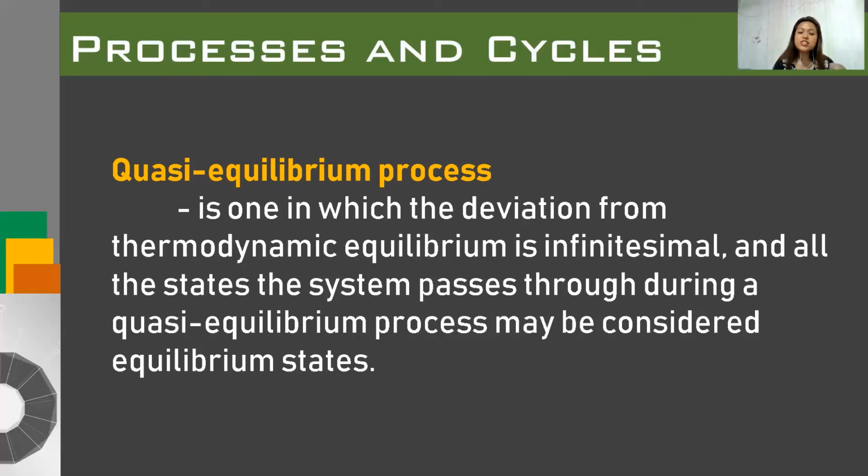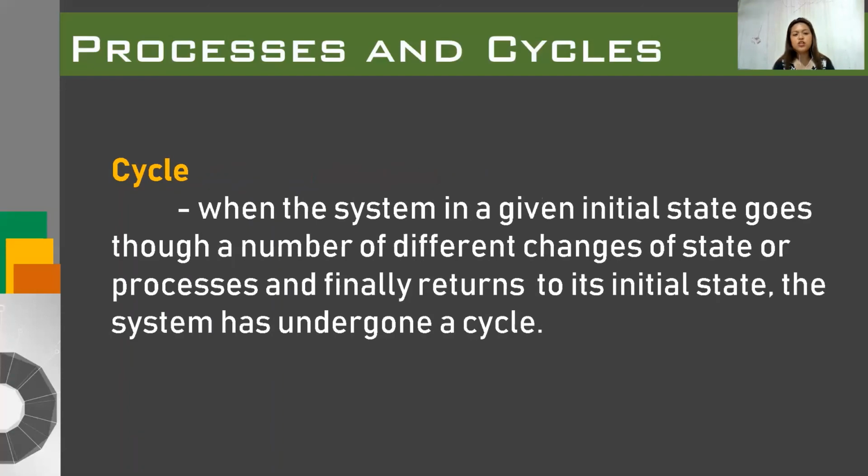When a system in a given initial state goes through a number of different changes, that could lead to a cycle. So let's define a cycle. A cycle is when the system in a given initial state goes through a number of different changes of state, or processes, and finally returns to its initial state. Again, if it returns to the initial state, then the system has undergone a cycle.